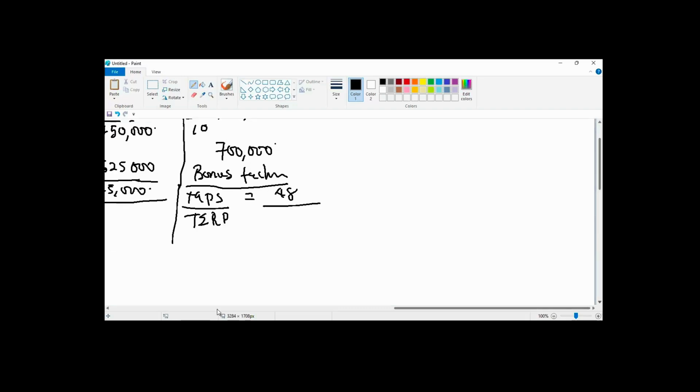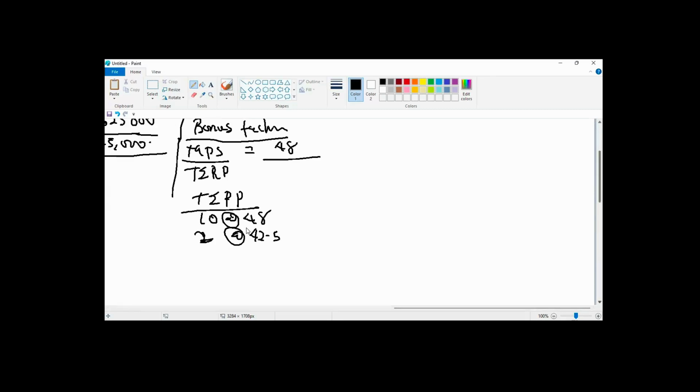The condition is 2 for 10. So the theoretical ex-rights price: 10 at 48, and the 2 you are giving me at below 48, which is how much? 42.5.